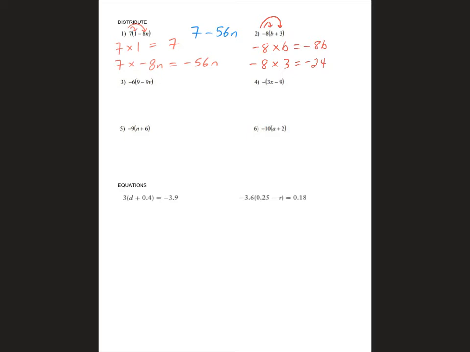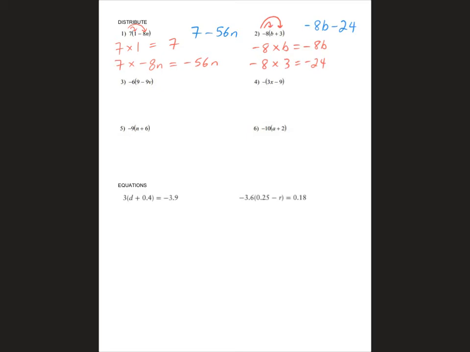So now we just write them side by side. So our answer is -8b minus 24. Okay, so if we were to apply the distributive property to this example, we would get -8b minus 24. Let's try one more here, and then I'll let you try those other 3.